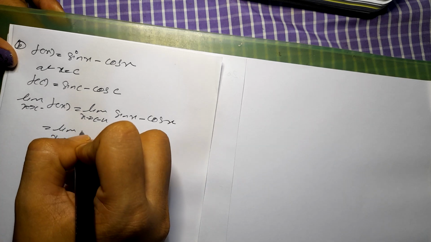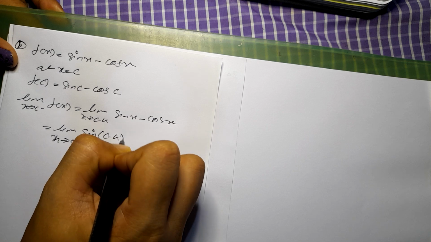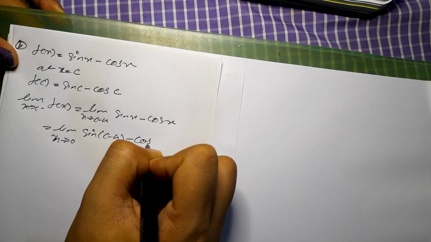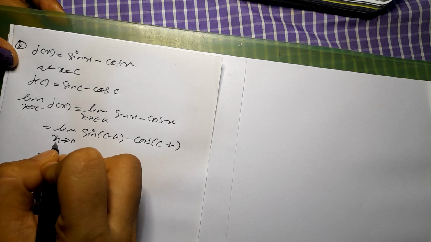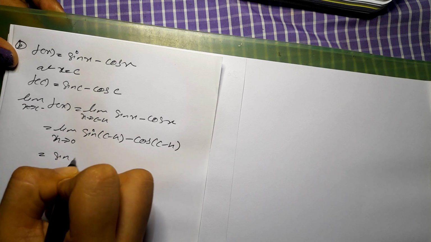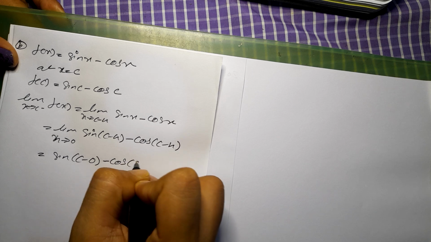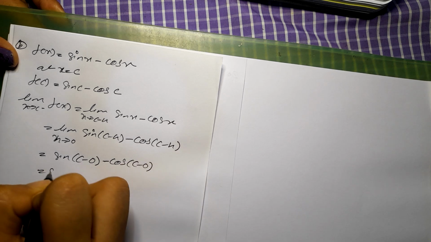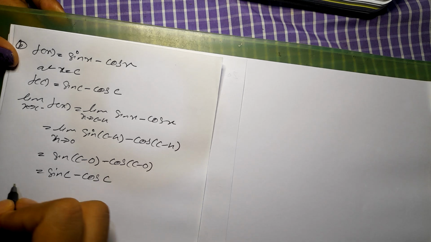Now limit h tends to 0, instead of x it will be replaced with c minus h, sin c minus h minus cos c minus h. Now instead of h it will be 0, because h tends to 0, sin c minus 0 minus cos c minus 0. So that is sin c minus cos c.